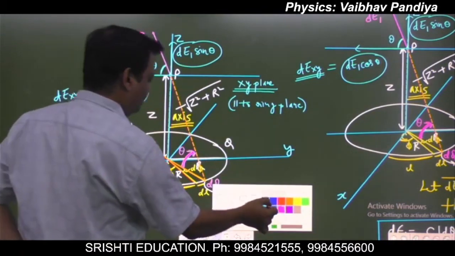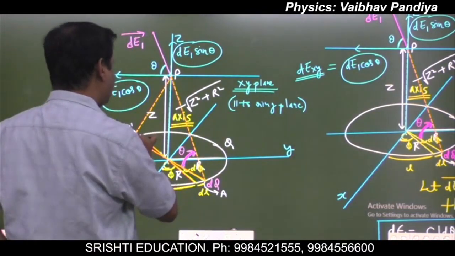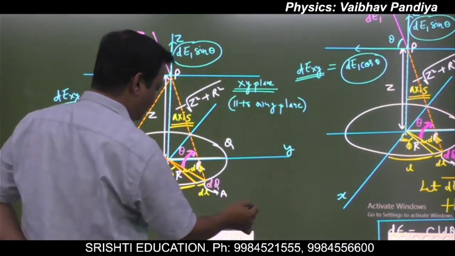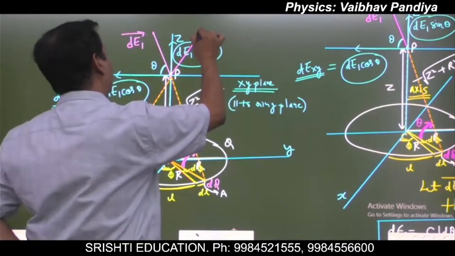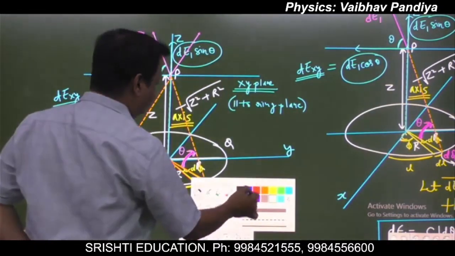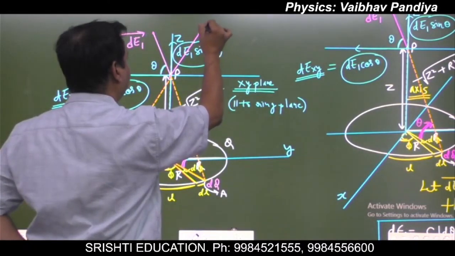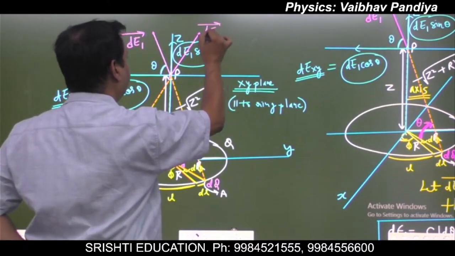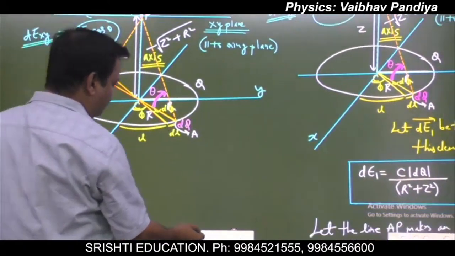which is diametrically opposite, and we want to make the electric field because of this element at a point P. So again, we have to join point P with dq dash, and it will make the electric field away from it, say dE2, okay, dE2. Now what will be the magnitude of dE2?